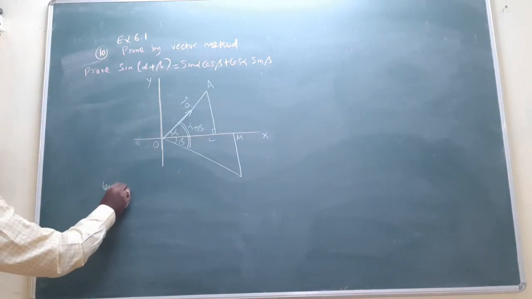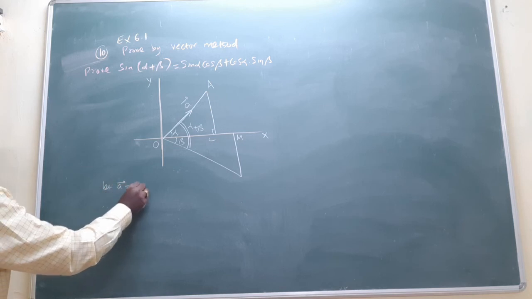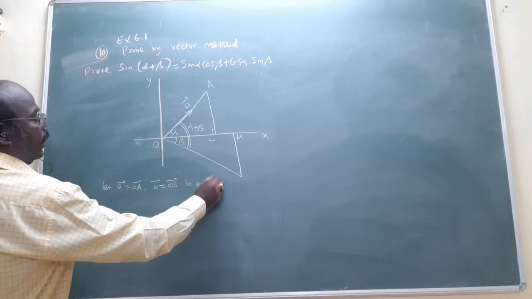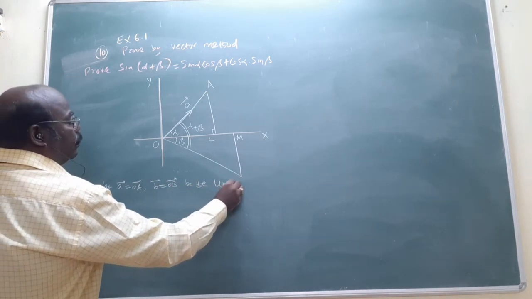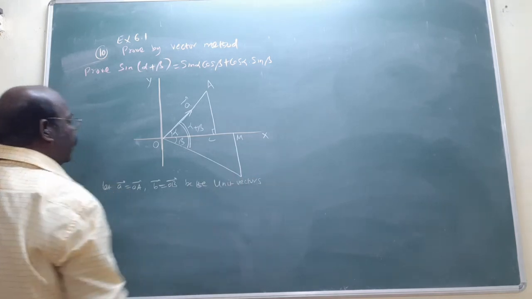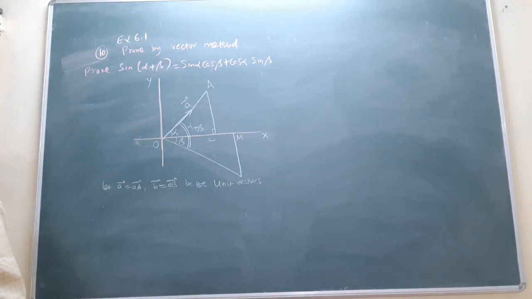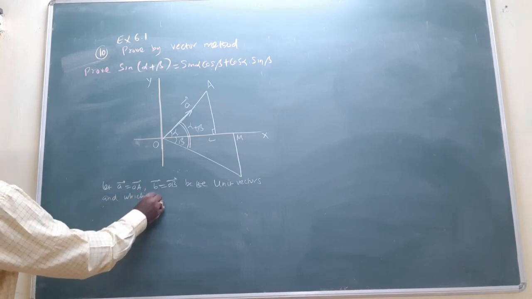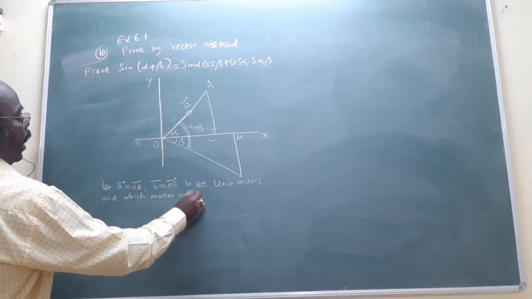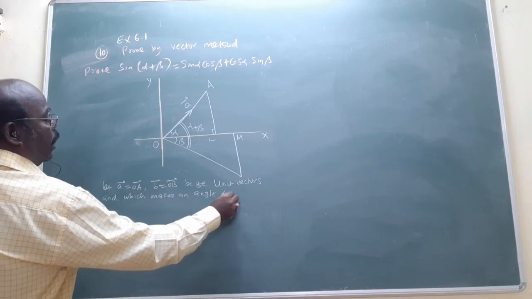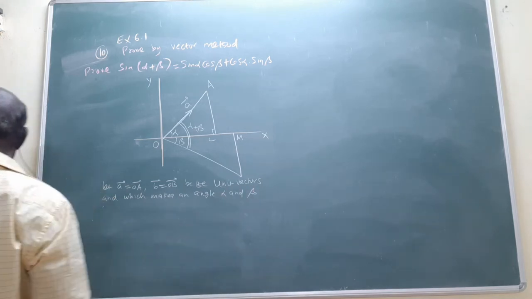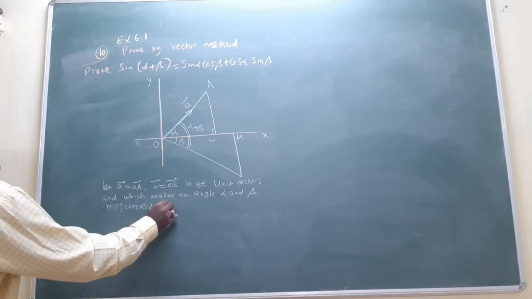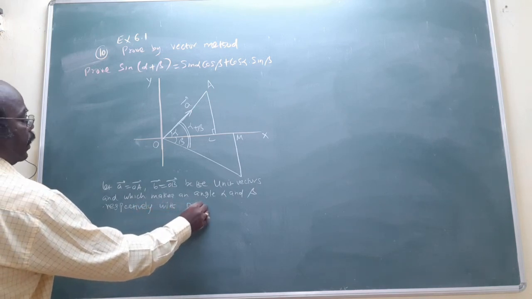Let small a equal to the OA vector and small b equal to the OB vector be the unit vectors which make angles alpha and beta respectively with the positive x-axis.